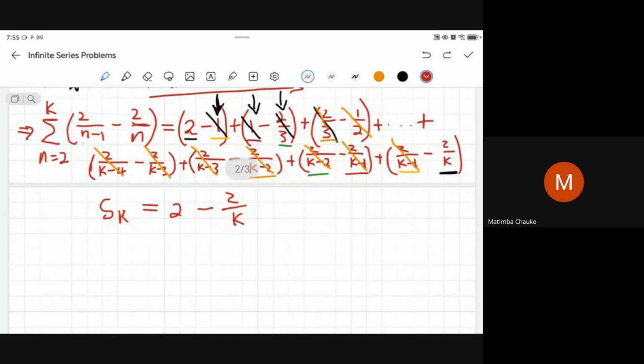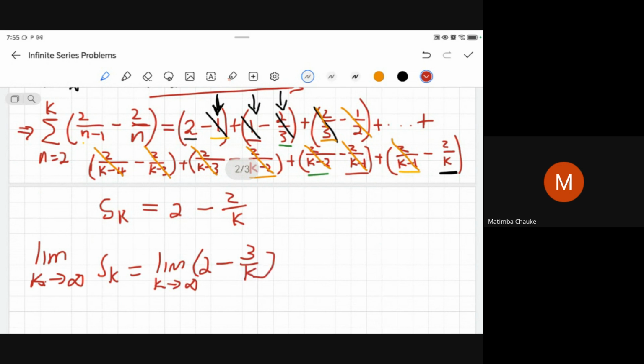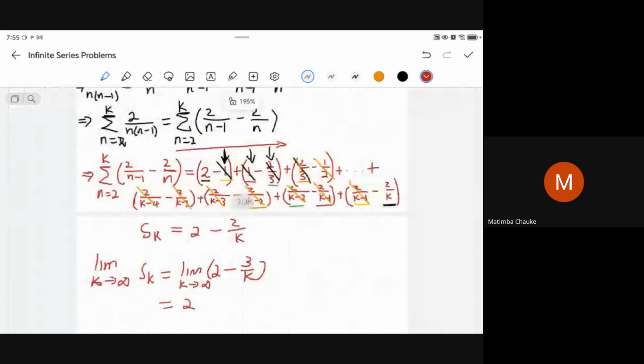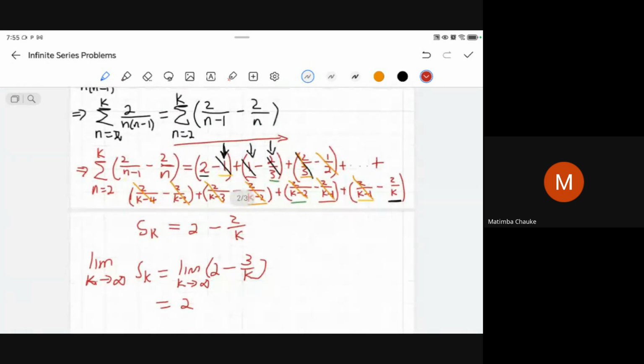So now this would imply that the limit as k approaches infinity of f of k would be the limit as k approaches infinity of 2 minus 3 over k. Right? And this would be 2. So we see that this converges and it converges to the limit 2.